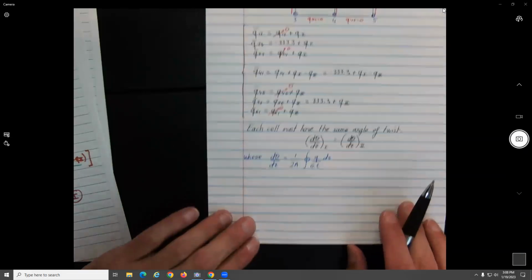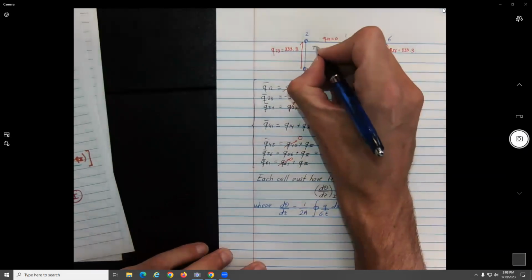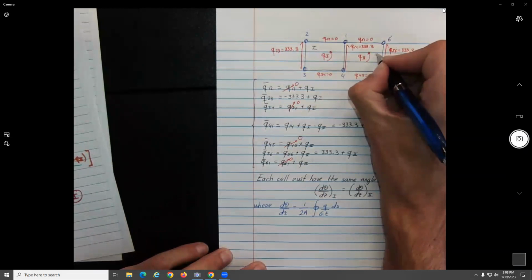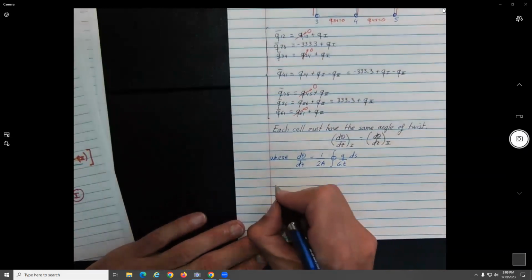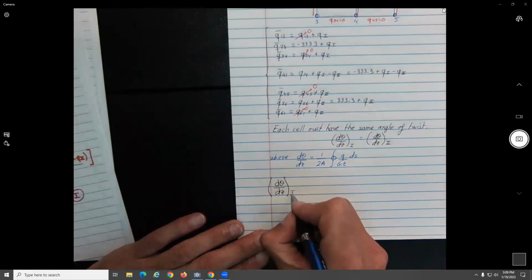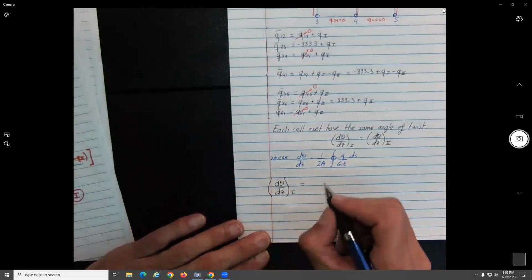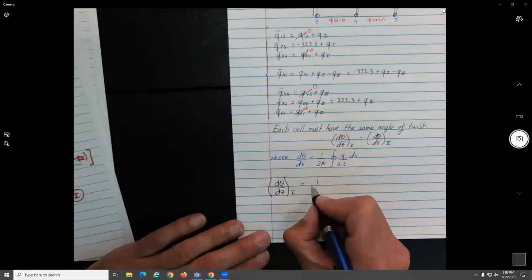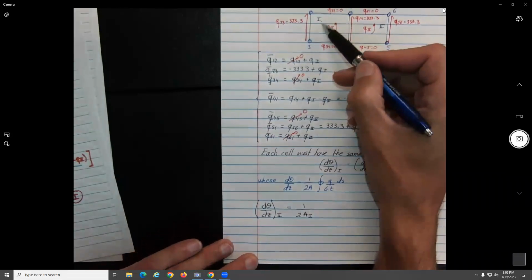Okay, so let's look at the angle of twist for the first cell. This one over here. If you want, let's call this one 1 and this one 2 over here, okay? So cell 1, we're going to have d theta dz for the first cell. So here I can factor out 1 over 2 A1, the area of this one.